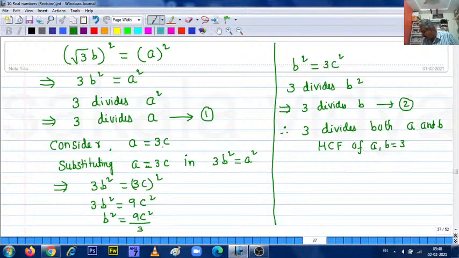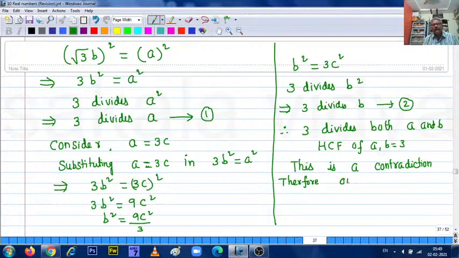It is a contradiction. Therefore, our assumption is wrong.